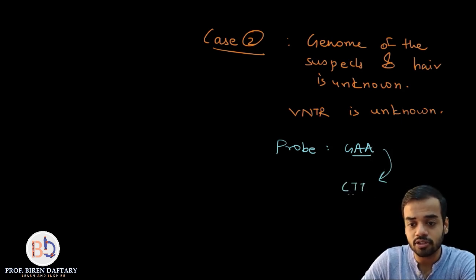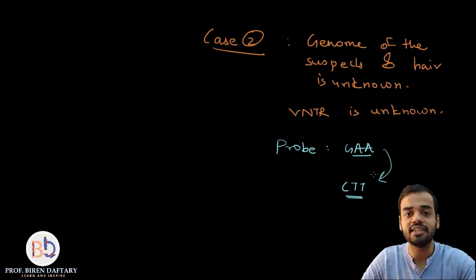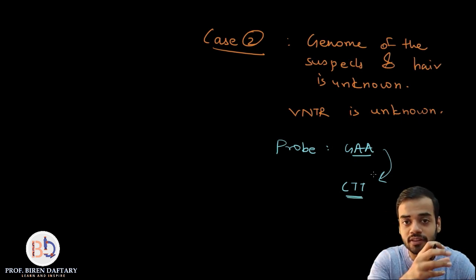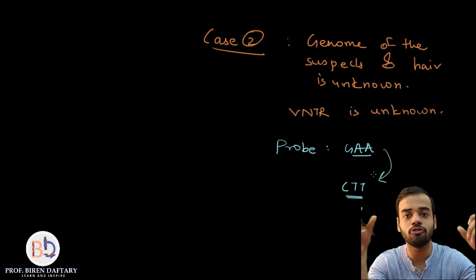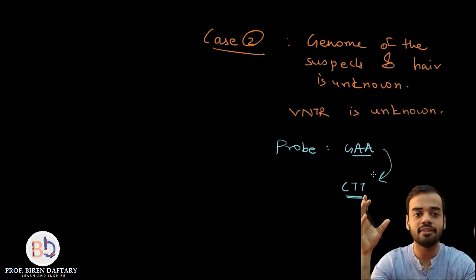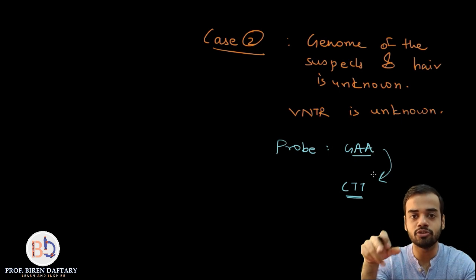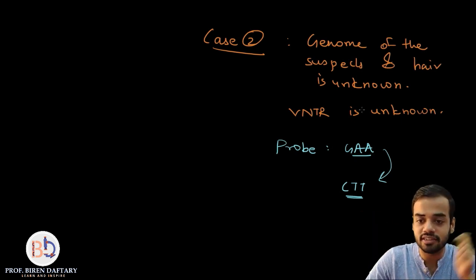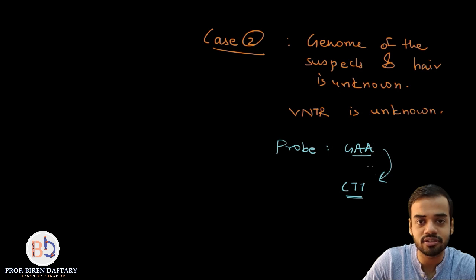Complementary sequence. So wherever these CTT sequences are present on the nitrocellulose membrane, this probe will go and bind over there. And after hybridization, you will do autoradiography. You will get an X-ray film, and that X-ray film will show the bands. Wherever this radioactive probe has attached to the CTT, you will get the bands, correct?